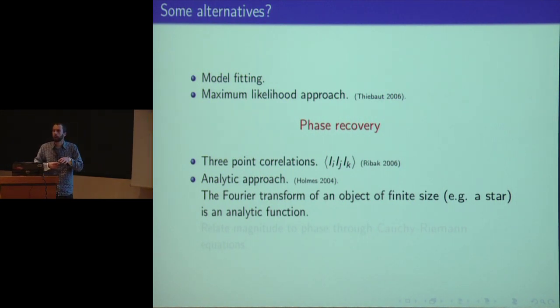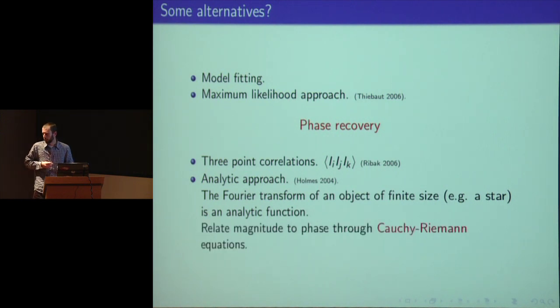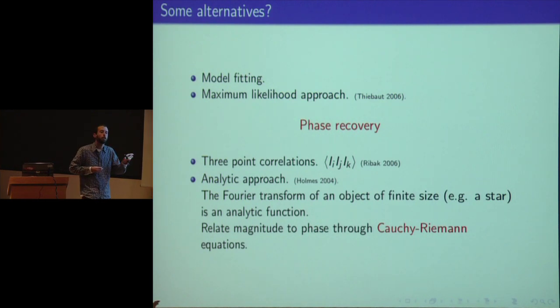It cannot just be any phase; it belongs to a certain set. So there are algorithmic ways to retrieve or estimate the phase, at least through the theory of analytic functions. I guess the heart of this is based in the classical Cauchy-Riemann equations from complex analysis.